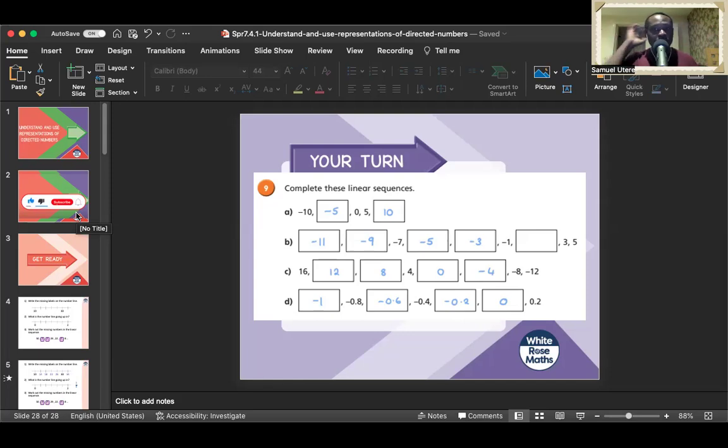Towards the right of the number line, you have positive numbers. And then your knowledge of how to work with intervals can help you to complete missing numbers in sequences, or like the last question we did where we have missing numbers in the boxes. Knowing how to complete intervals on a number line is always useful.